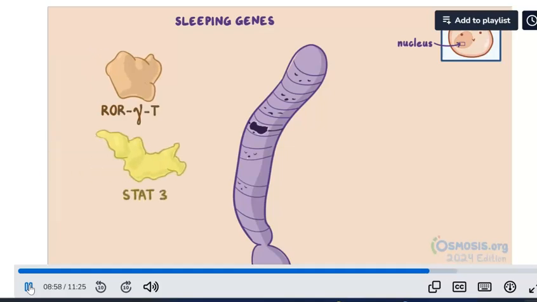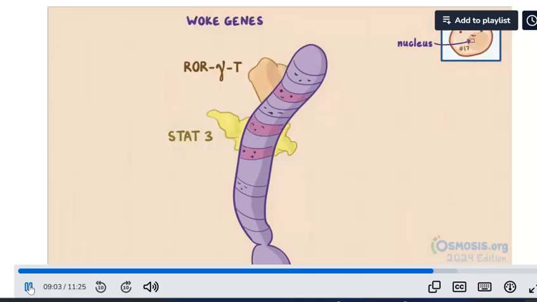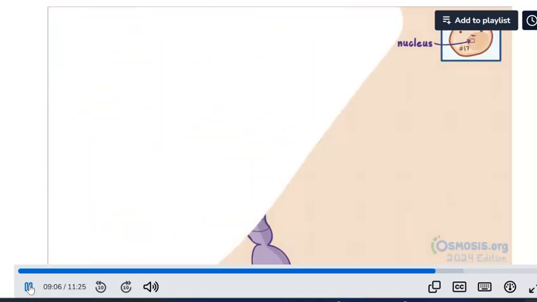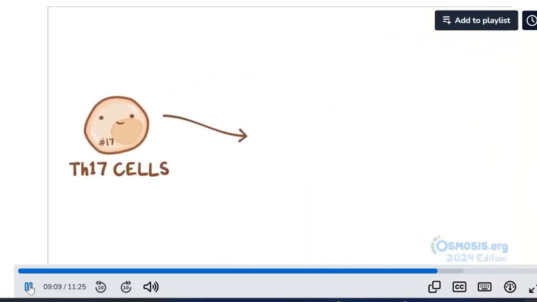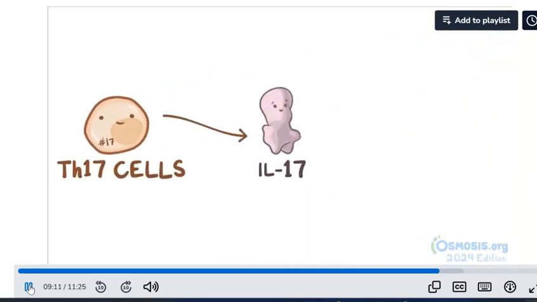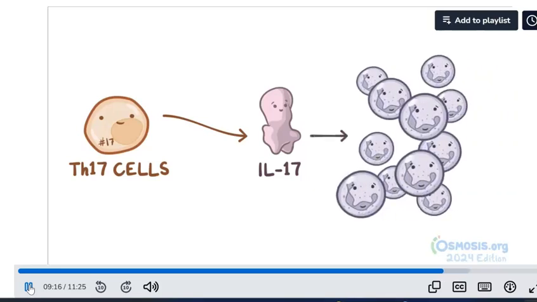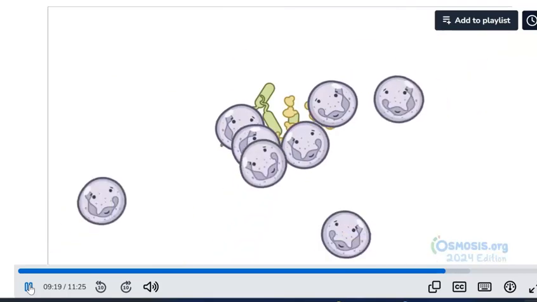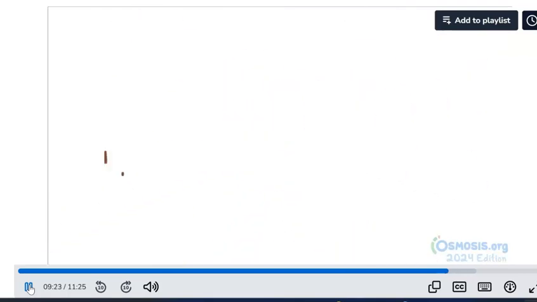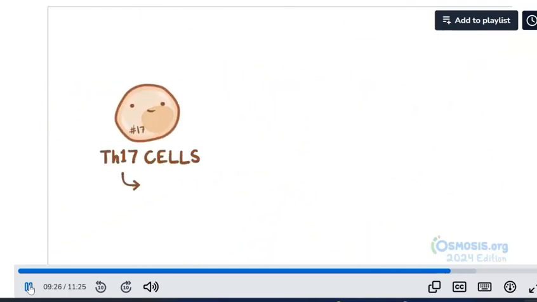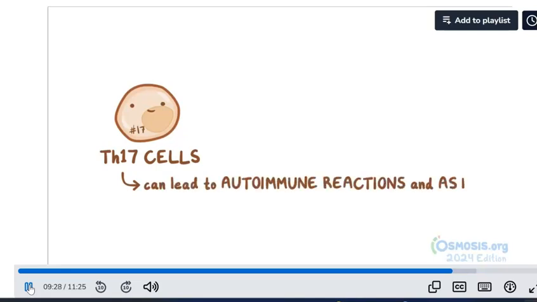These transcription factors cause a number of genes to get expressed within the T cell, transforming it into a Th17 cell. Once it's become a Th17 cell, it produces cytokines like IL-17, which is where it gets its name. The main function of IL-17 is to recruit neutrophils, which engulf these extracellular pathogens and destroy them. When Th17 responses aren't carefully controlled, they can lead to autoimmune disease and asthma.